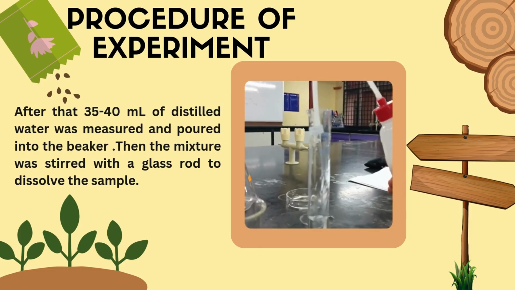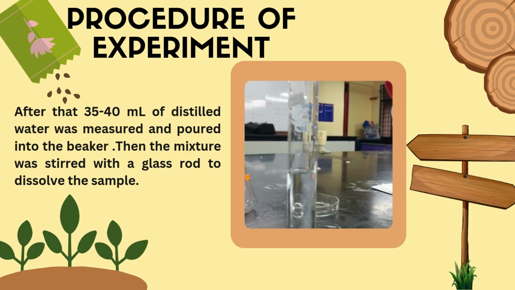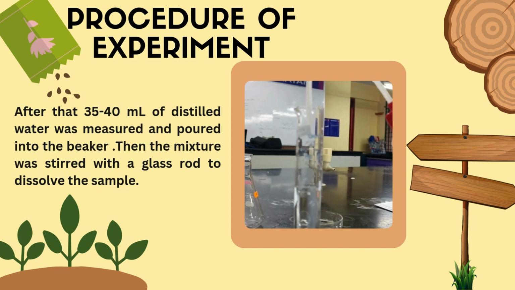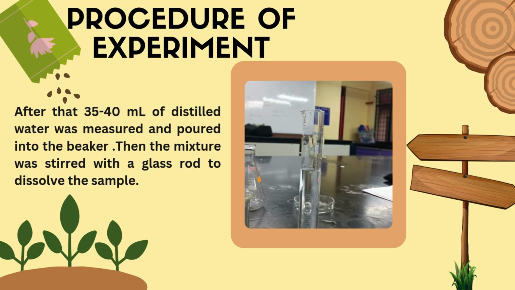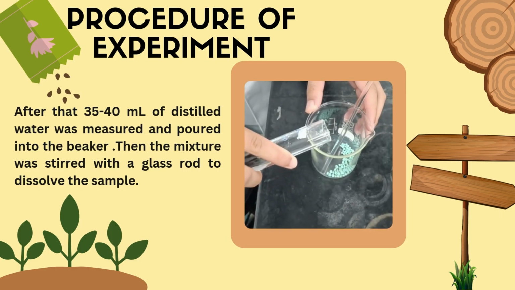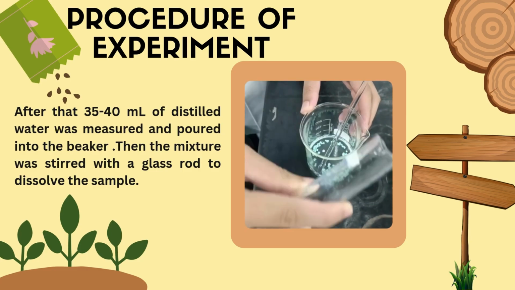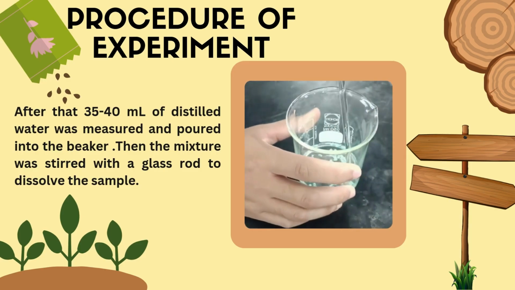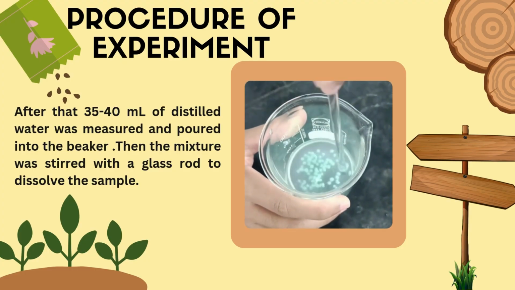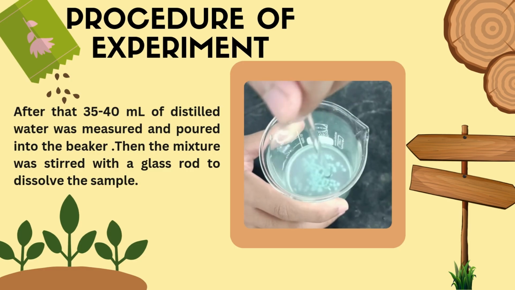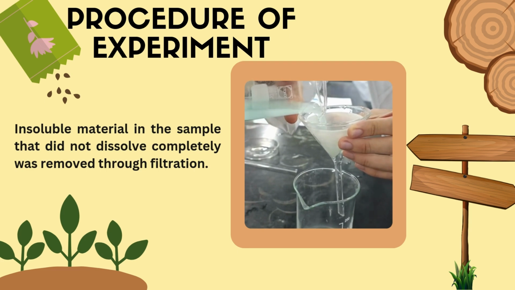Then the mixture was stirred with a glass rod to dissolve the sample. Next, insoluble material in the sample that did not dissolve completely was removed through filtration.